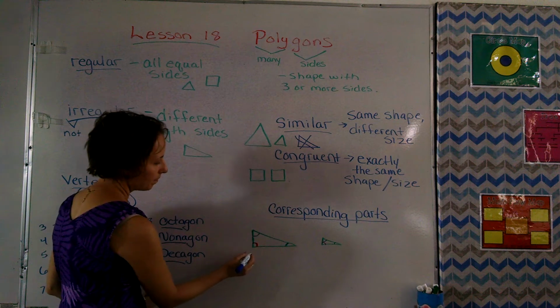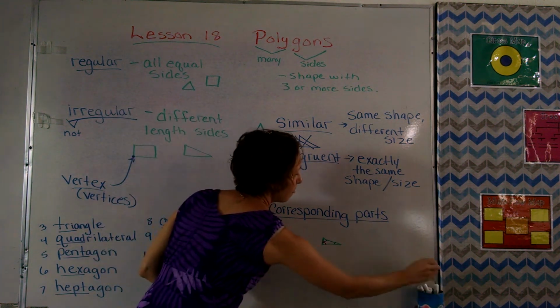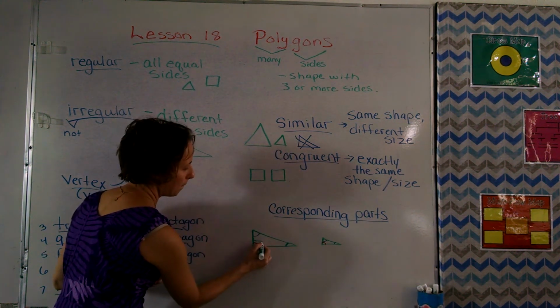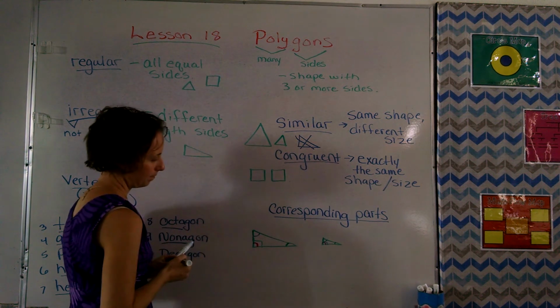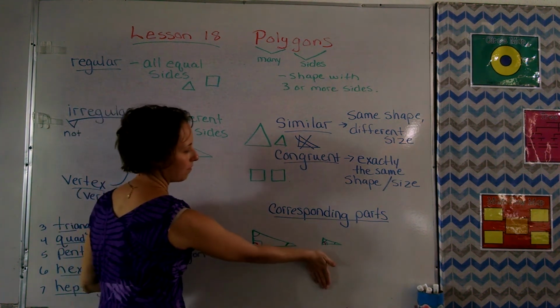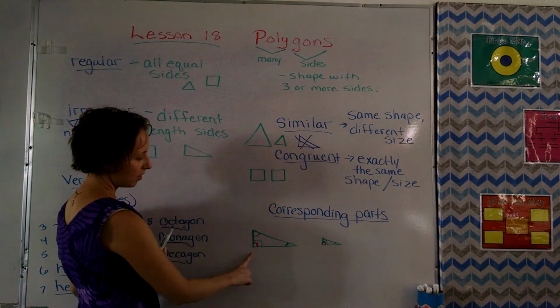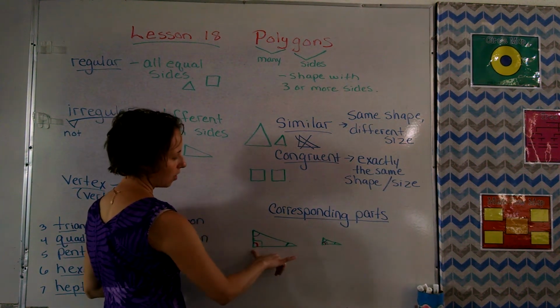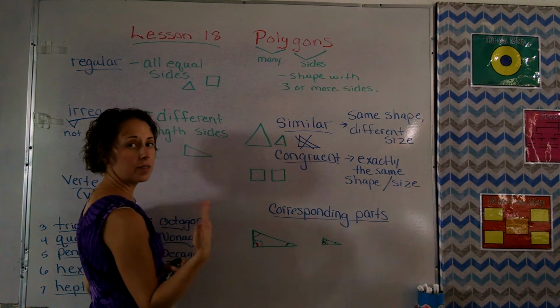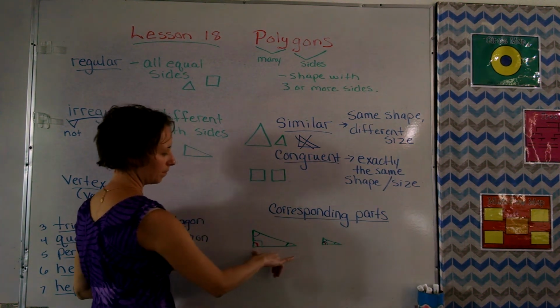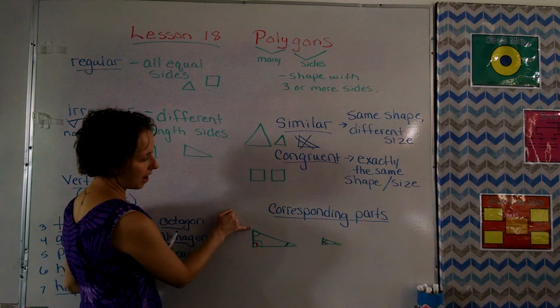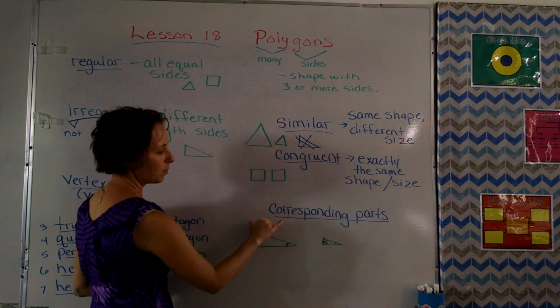So for example, here's the right angle in both of these shapes. It's right here. That means that if it was turned the other way, I would turn them so they're both facing the same way. I could say that this right angle and that right angle, those are corresponding parts. They're in the same place on each shape. I could say that this upper angle and this upper angle are corresponding parts.